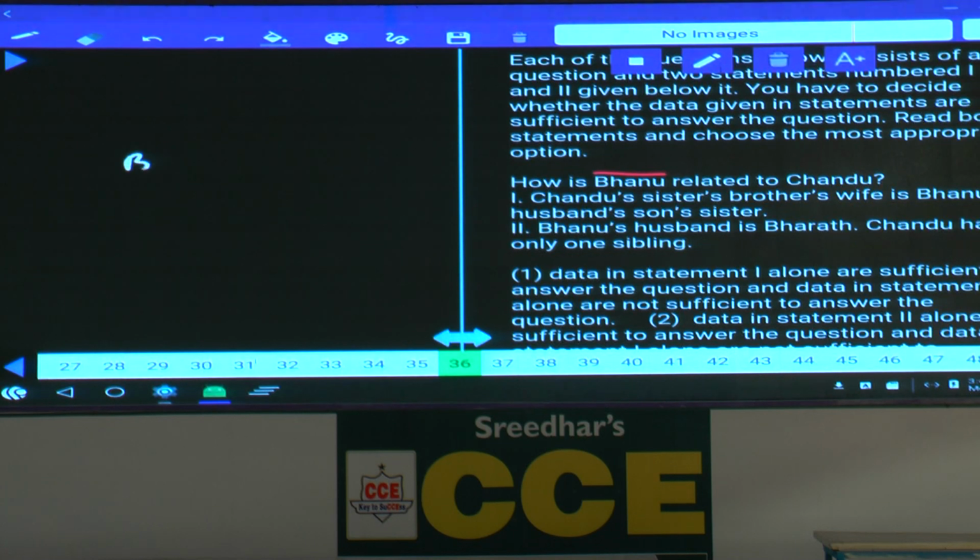Now if you combine these two, Banu's husband is Bharat, and Chandu has only one sibling. As Chandu is having only one sibling, then coming to condition number 1, Chandu is having a sister. Now this is Chandu. Chandu is having only one sister. Chandu's sister's brother is none other than Chandu, isn't it?